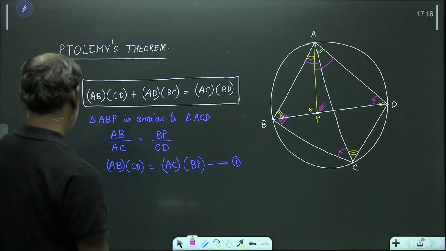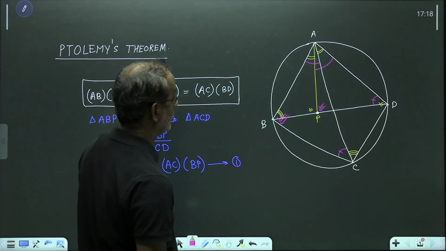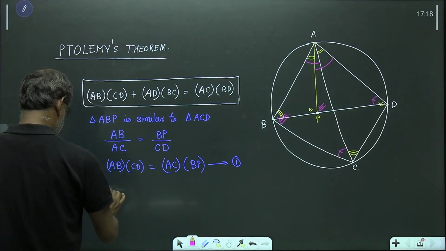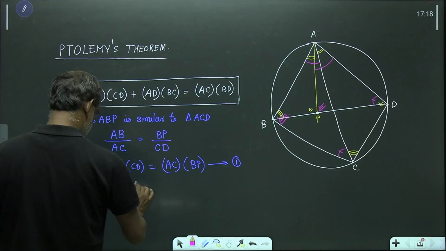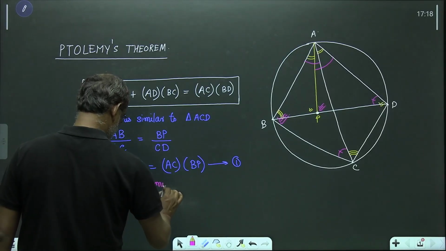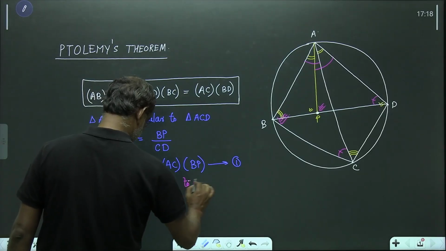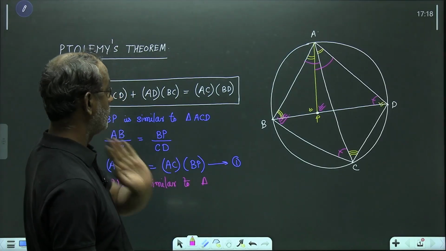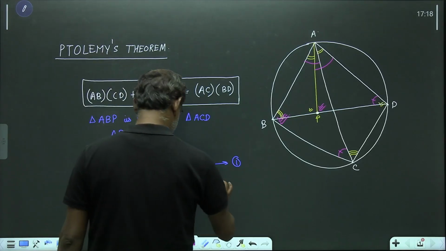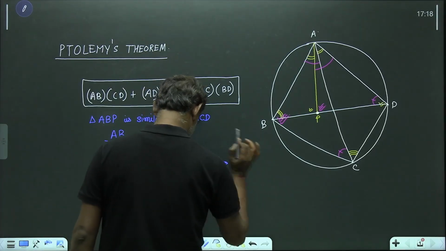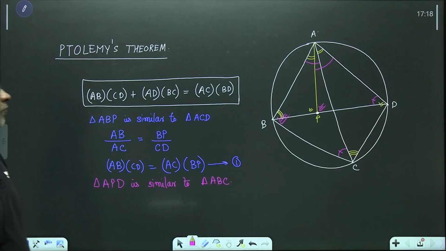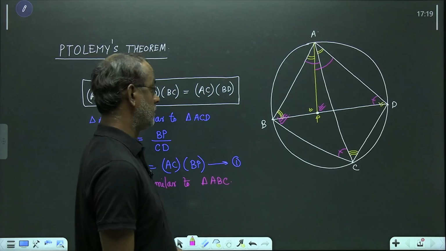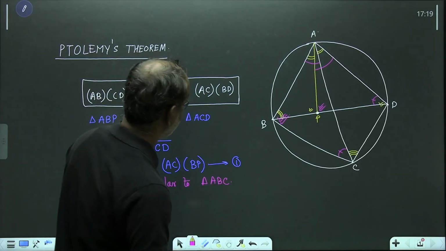Hence the triangles. Now let us write again which two triangles are similar. Triangle APD is similar to triangle ABC. So therefore, what can we now write?